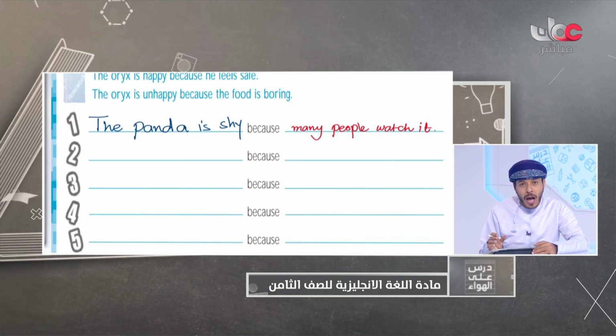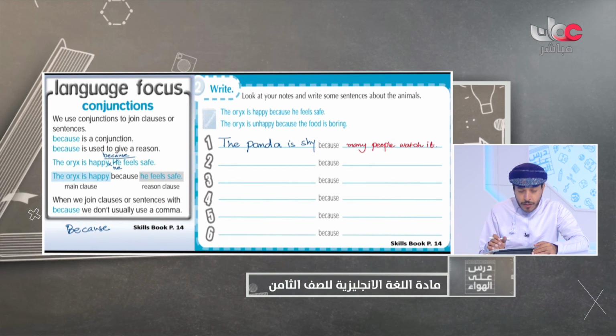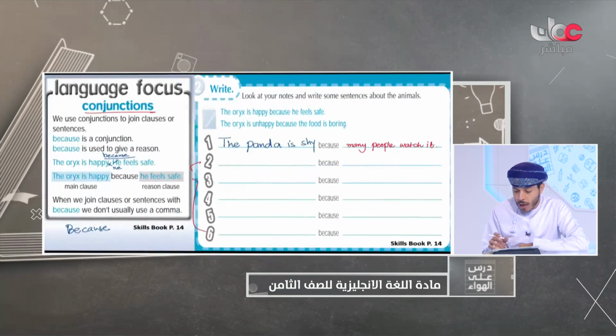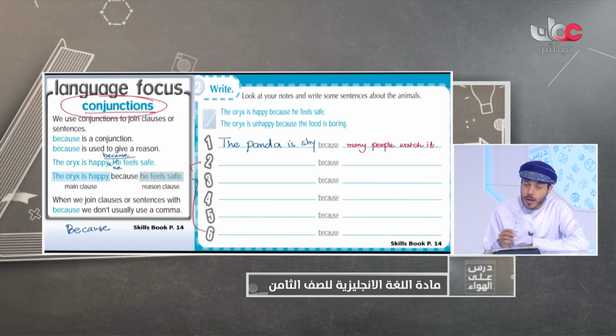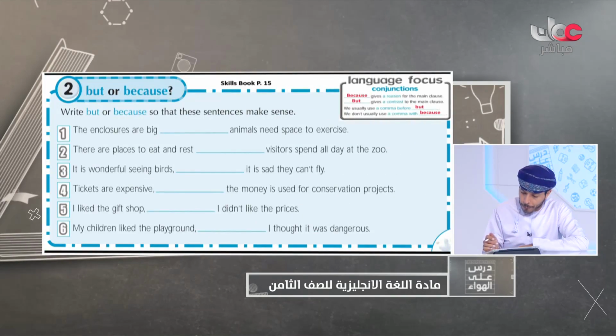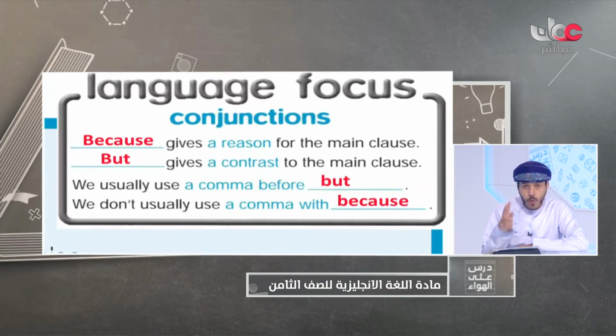So this is how we develop different sentences using the conjunction because. And it is your turn, guys. I will not answer this for you as usual, so you can go through all these, use the different aspects that I have brought for you here, and develop your own sentences using the conjunction because. Good? Excellent.